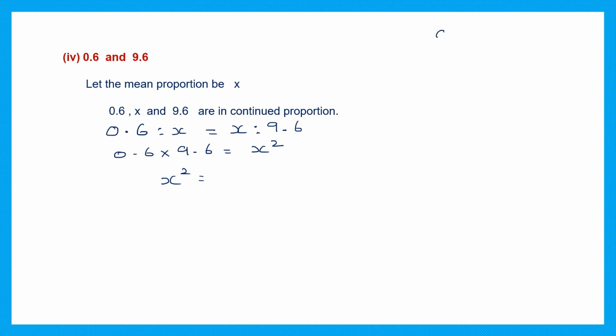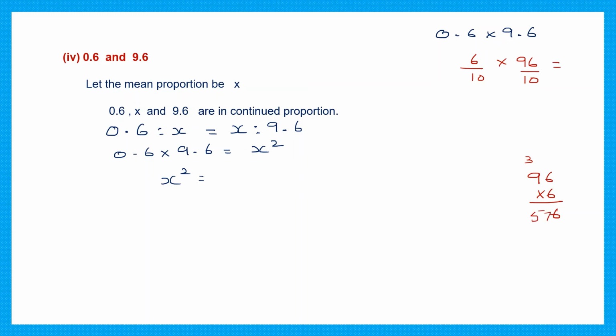Now 0.6 into 9.6. Now I will reduce the two fractions by removing the decimal number. So this becomes 6 by 10 into 96 by 10. So 96 into 6 is how much? 6 6s are 36, carry 3. 6 9s are 54, plus 3 is 57.